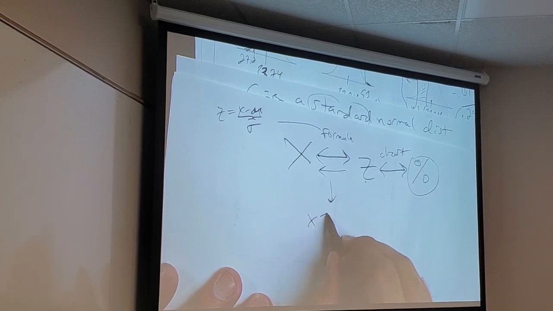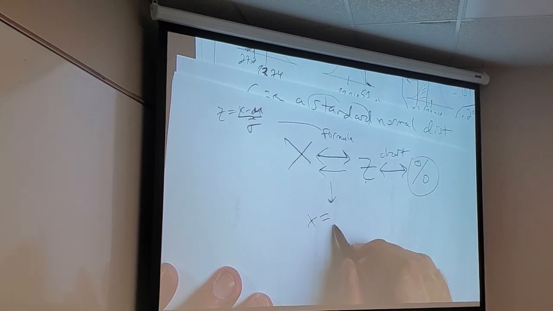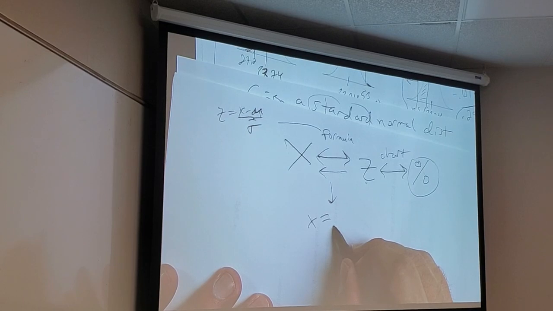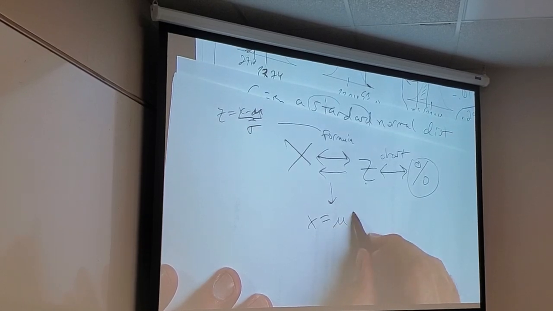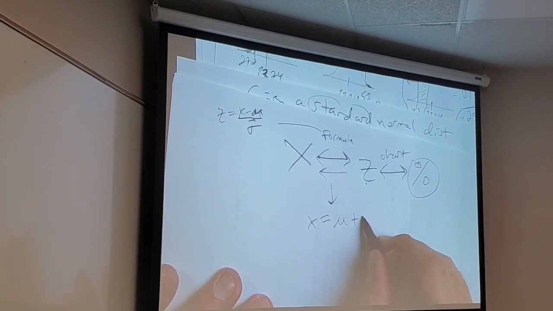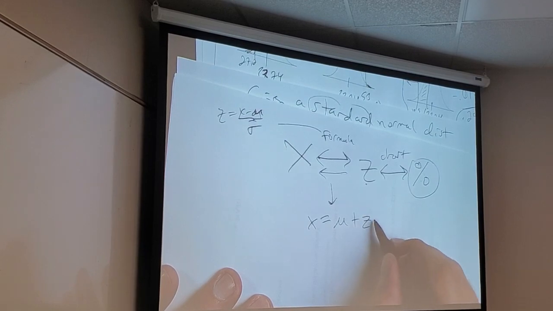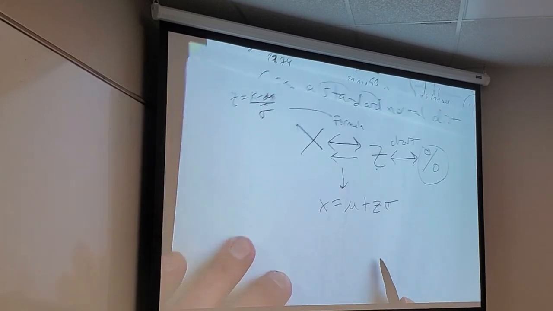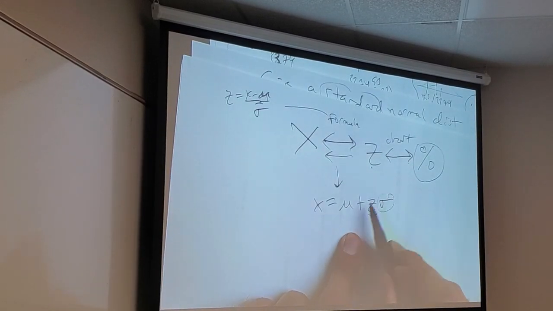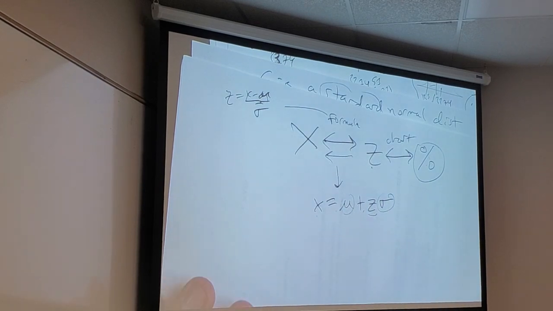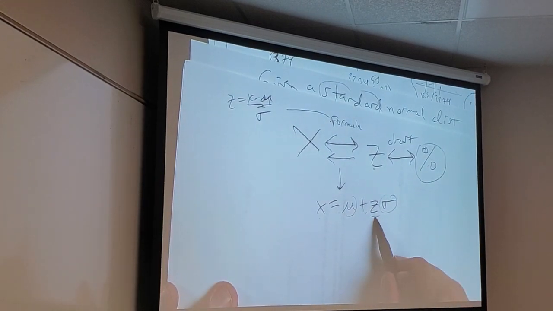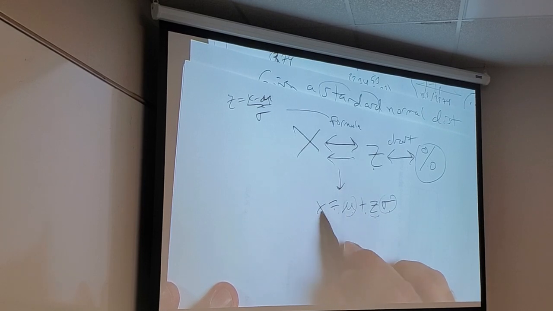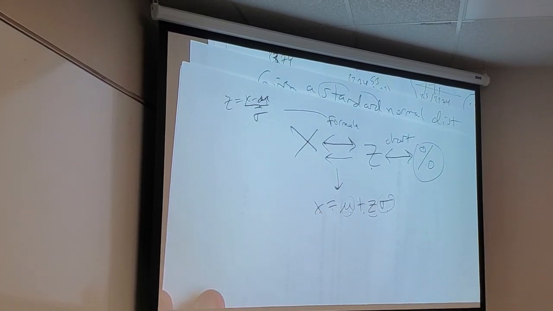It was actually the definition of Z-score. So it's mu plus Z sigma. So what does Z-score tell you? The number of standard deviations away from the mean to the data point. You can read the equation.